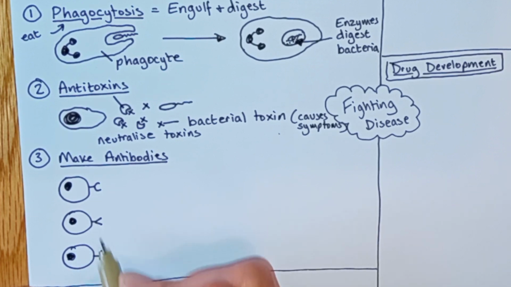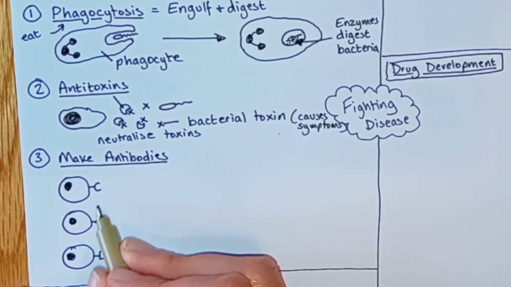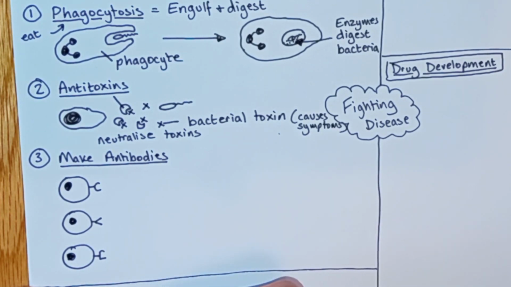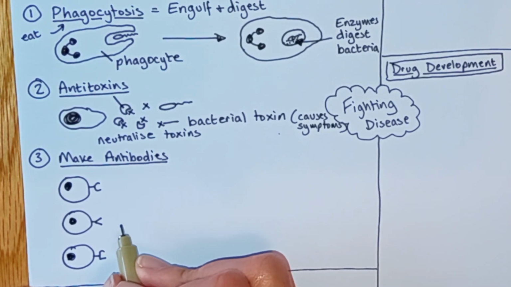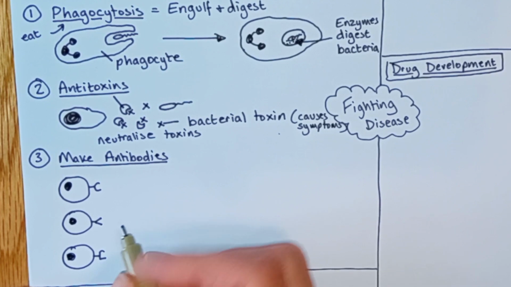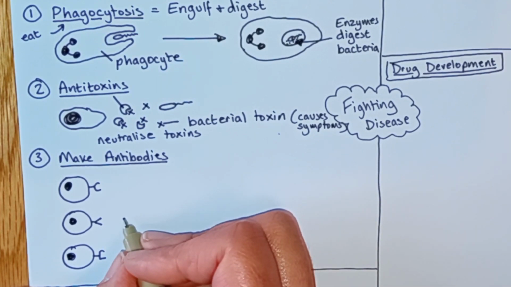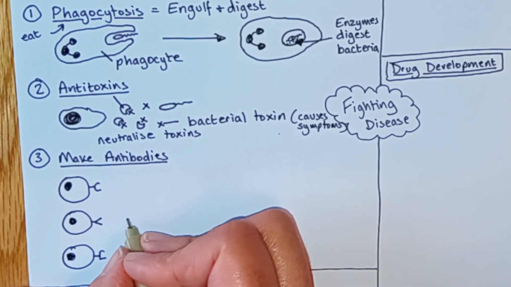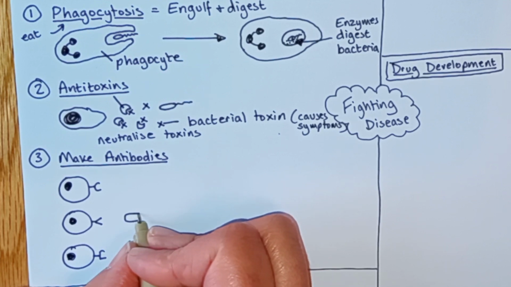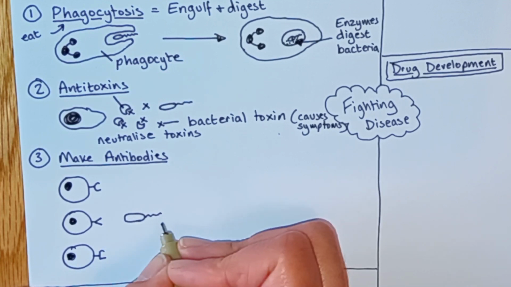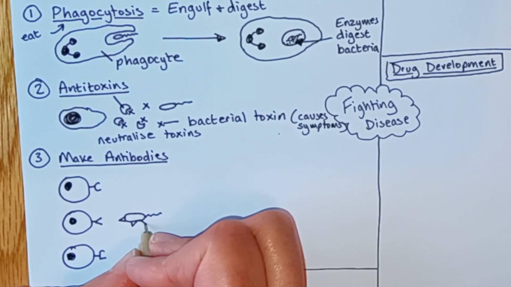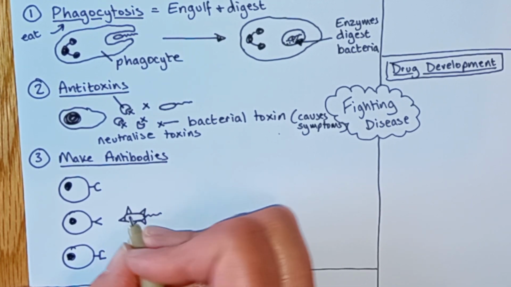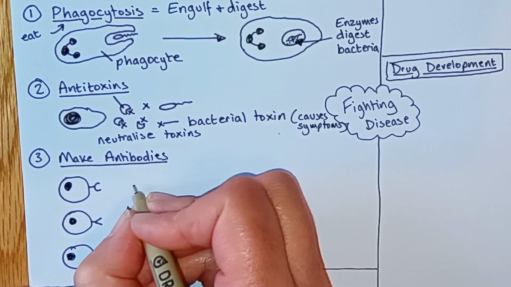And these receptors are going to match up or be complementary to different shaped antigens. An antigen is a protein on the outside of a pathogen. So I'm going to draw here my pathogen, drawing a bacterium again. And this one has got spikes, triangular shaped antigens.